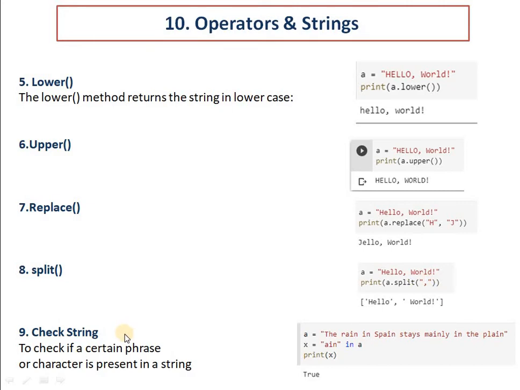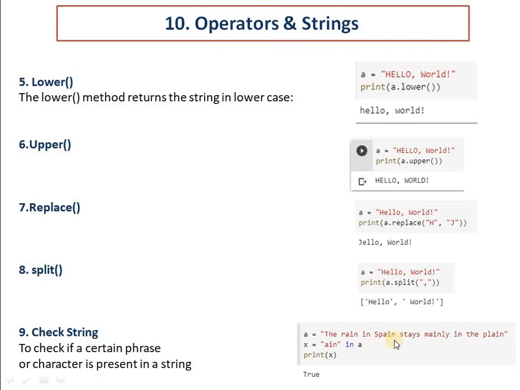Another operation is checking a string, to check whether some phrases or some characters are present in the string or not. I am telling a is equal to the rain in Spain stays mainly in the plain. Seems to be a tongue twister, right? And I am asking x is equal to, within double quotes, ain in a.